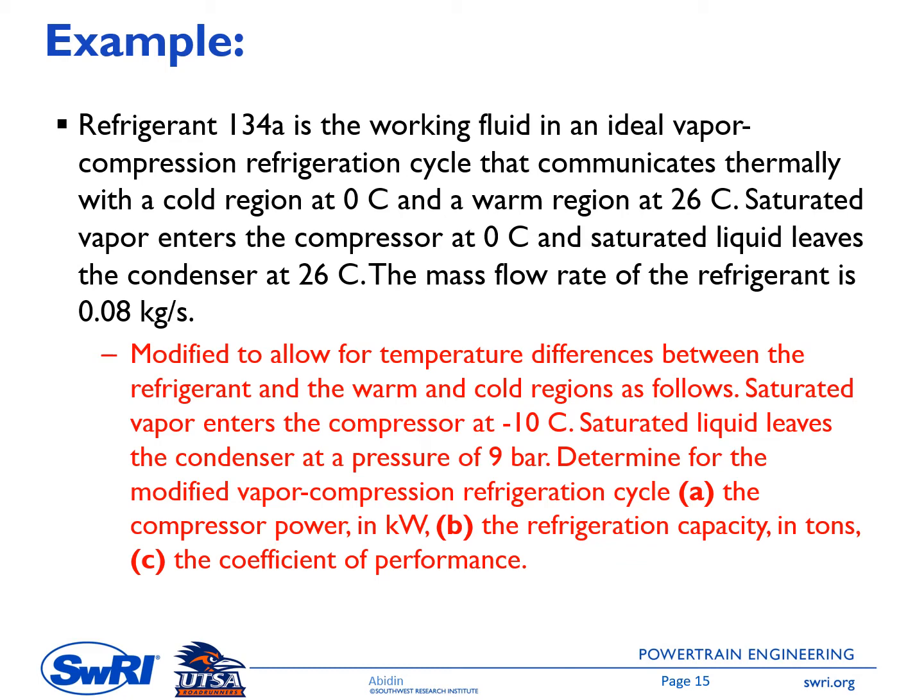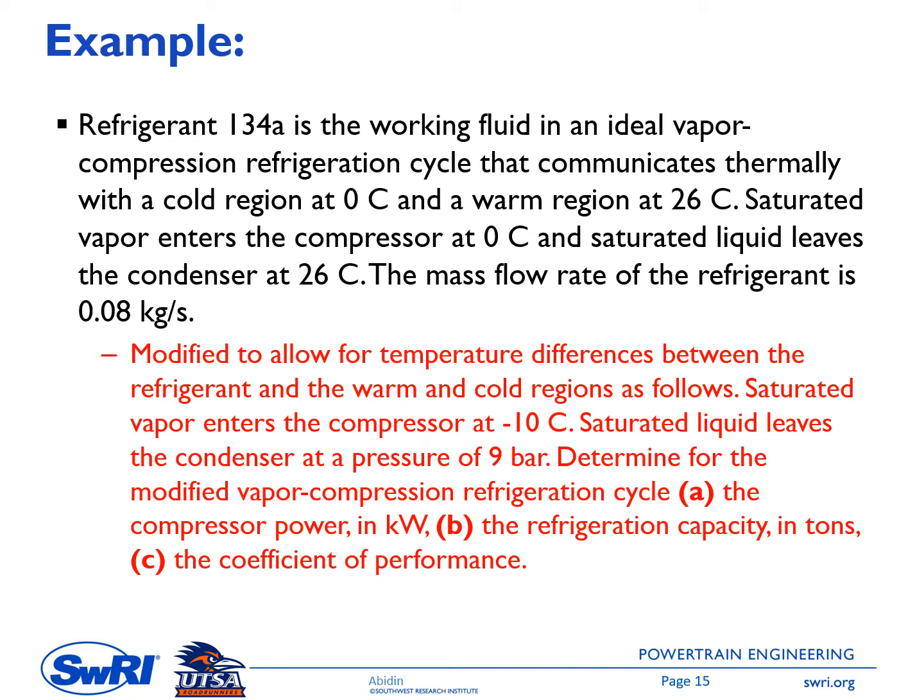But in this case, we modify to allow for temperature difference between the refrigerant and the warm as well as the cold region. So we modify that the saturated vapor enters the compressor at minus 10 degrees C.